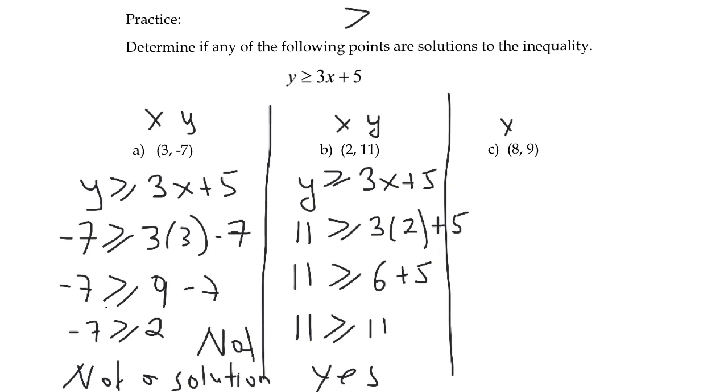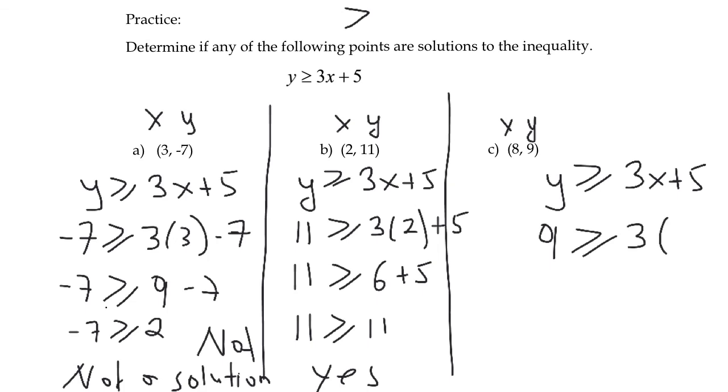All right, last question, question C. So x is 8, y is 9. I always encourage my students to write it above the ordered pair, so you don't confuse it. y greater than or equal to 3x plus 5. So I will get 9 is greater than or equal to 3 times 8 plus 5.